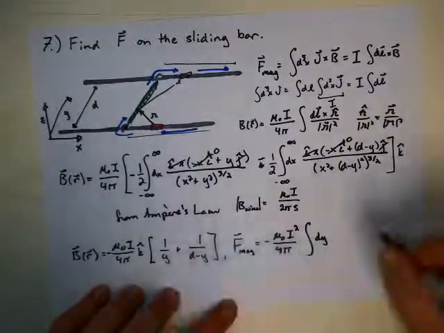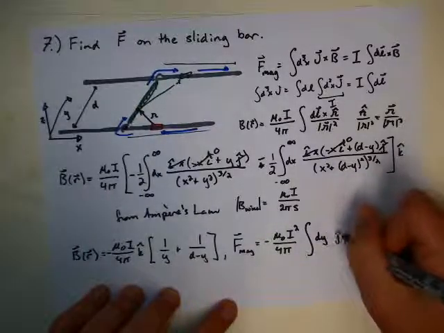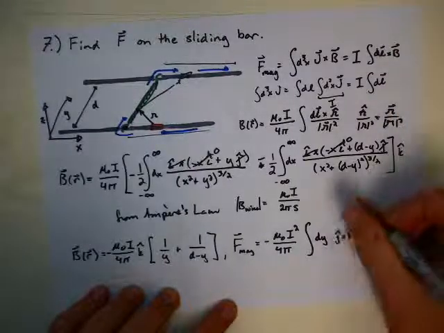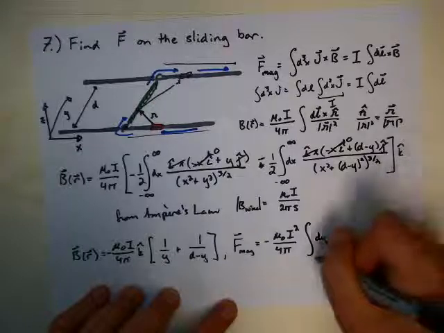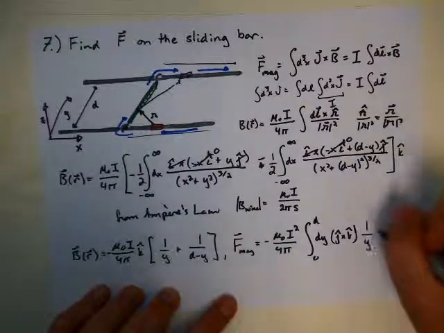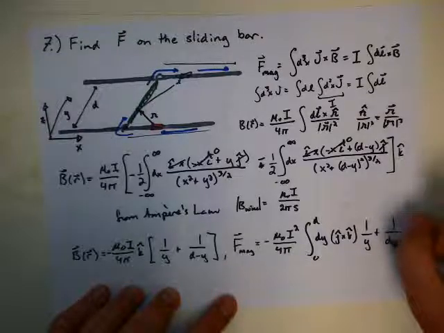We're going to have j hat cross k hat, that's the L cross B part. And we're integrating from 0 to d, and we're integrating 1 over y plus 1 over d minus y.